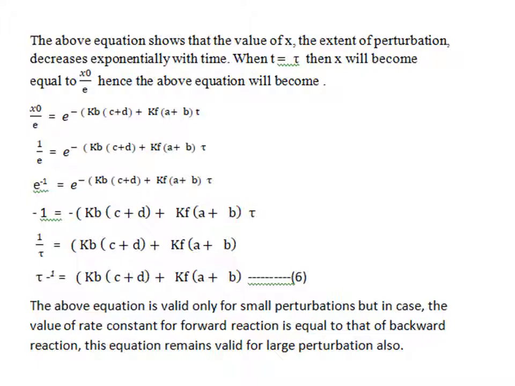This is equation number 6. The above equation is valid only for small perturbations, but in case the value of rate constant for forward reaction is equal to that of backward reaction, this equation remains valid for large perturbation also.